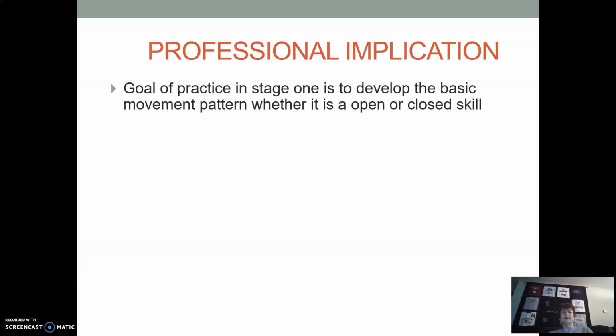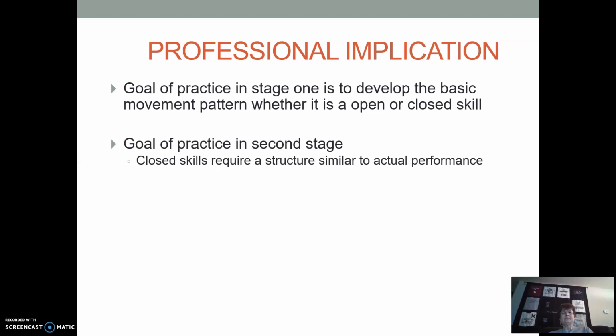As a professional, if I'm in stage 1 of Gentile's model, my goal is to just provide basic movement patterns, whether it's open or closed. Lots and lots of opportunities to practice. In the second stage, for closed skills, I want to require a structure similar to the performance.